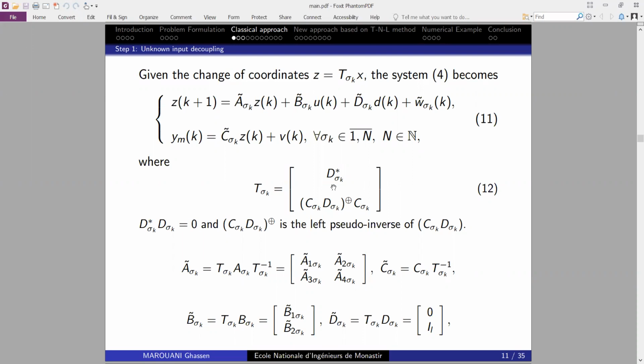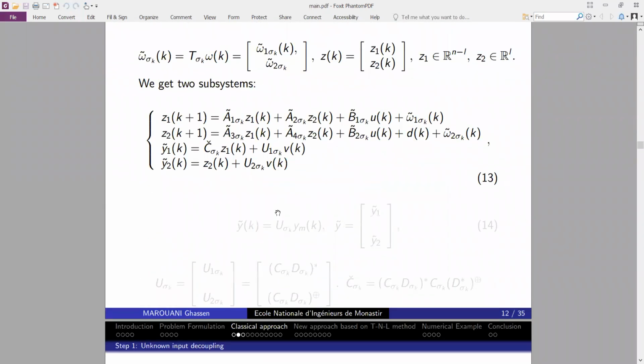So the switched system has the following form, where the matrix T is given as below. The matrices A tilde, B tilde, and C tilde, D tilde are expressed as a function of the matrices T sigma q.